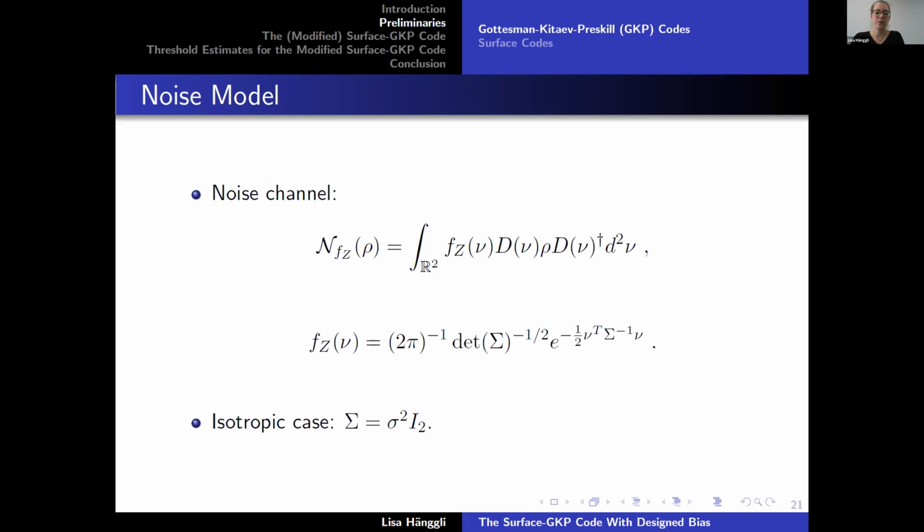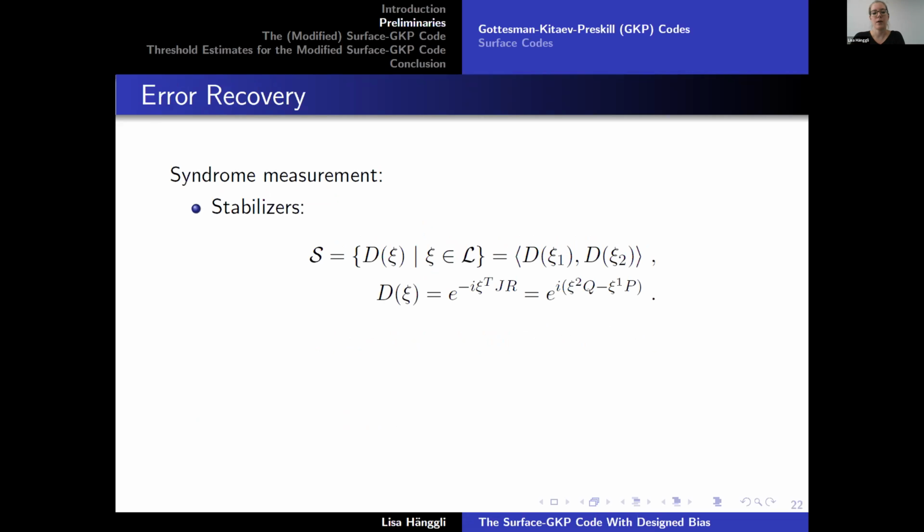Usually, to assess the noise resilience of GKP codes, one considers the isotropic case, where the covariance matrix is proportional to the identity, and then one varies the parameter sigma, or small sigma, which is just the standard deviation.